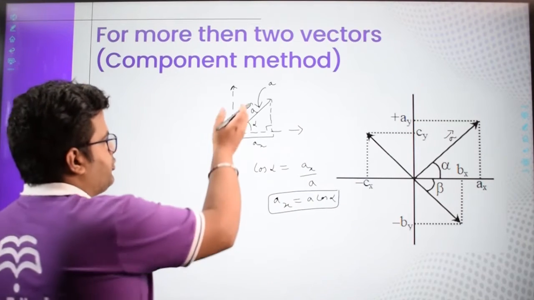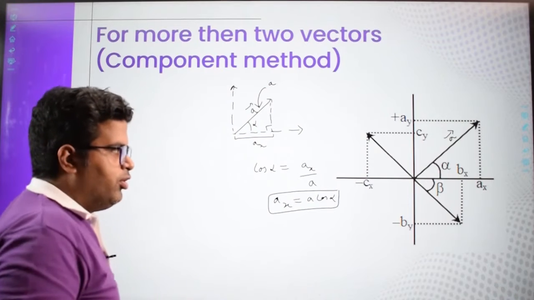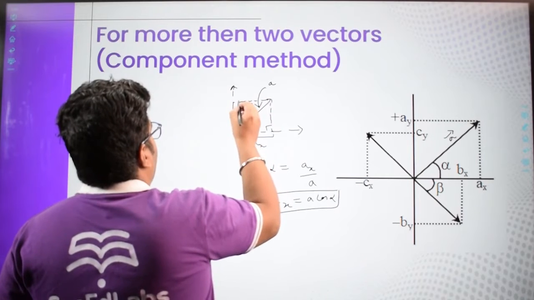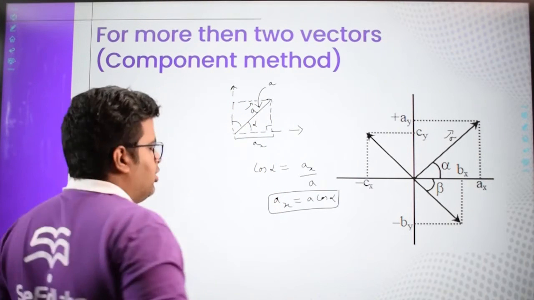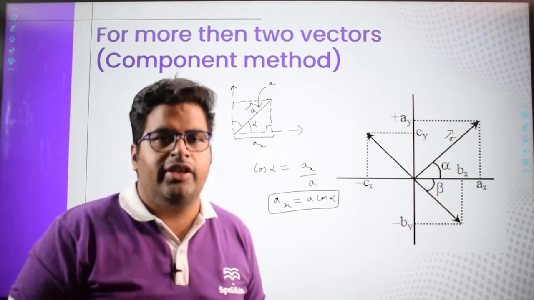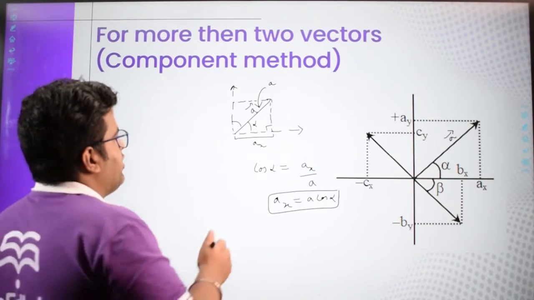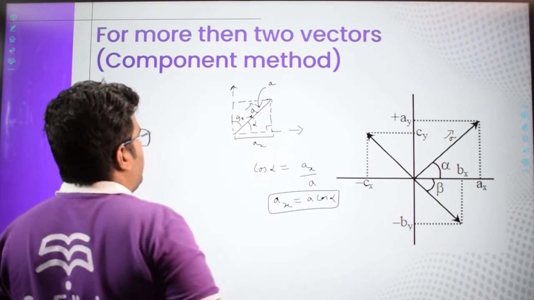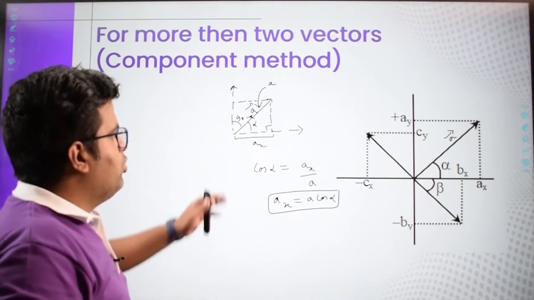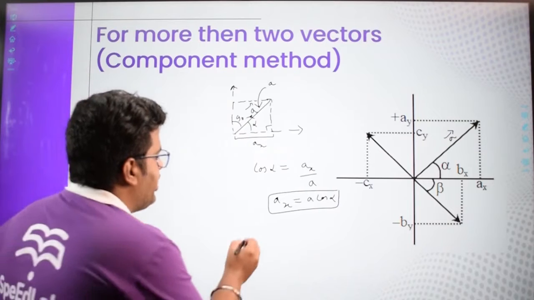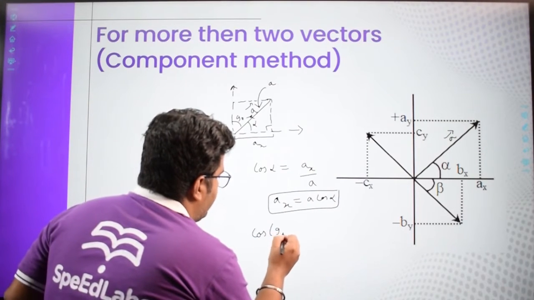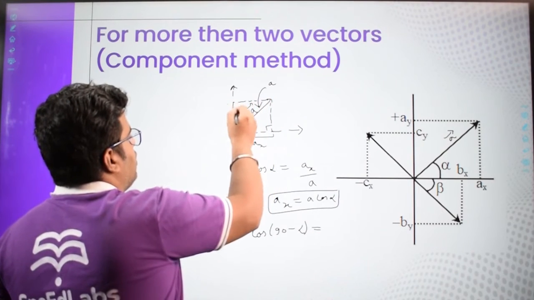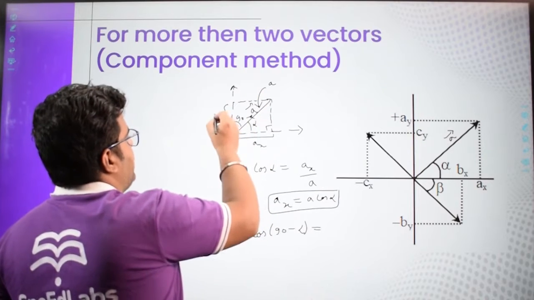Now similarly, if we ask for its component on the y-axis, what we are going to do is drop a perpendicular over here. Now if this angle is alpha, this will be how much? Obviously the x-axis and y-axis make 90 degrees, so if this angle is alpha, the other will be 90 minus alpha. Now in this triangle, cos of 90 minus alpha is going to be base upon hypotenuse.